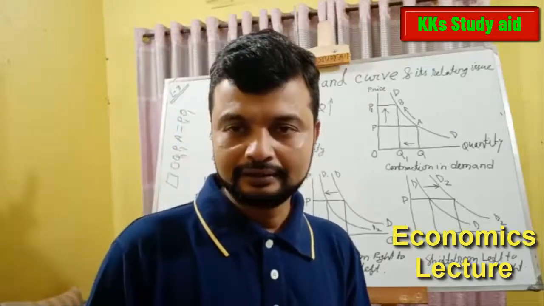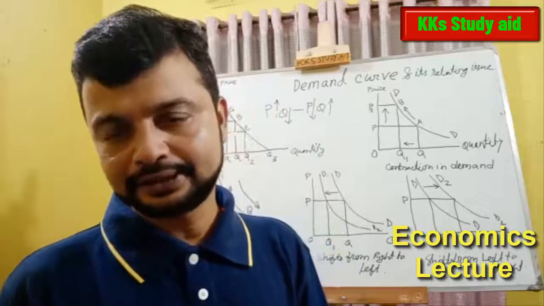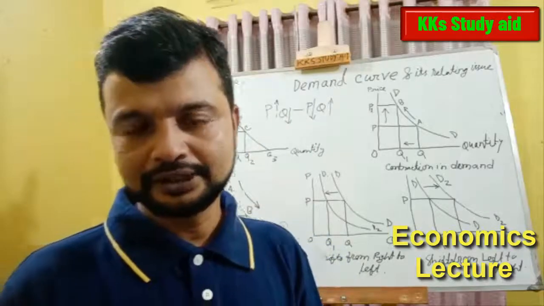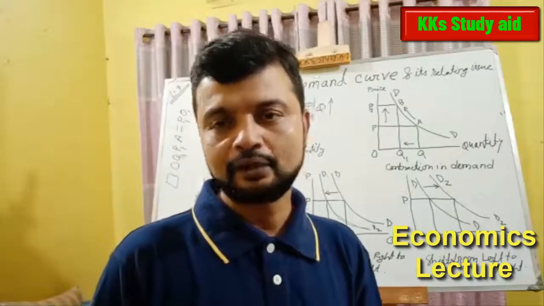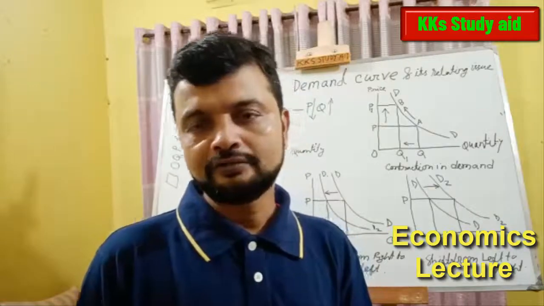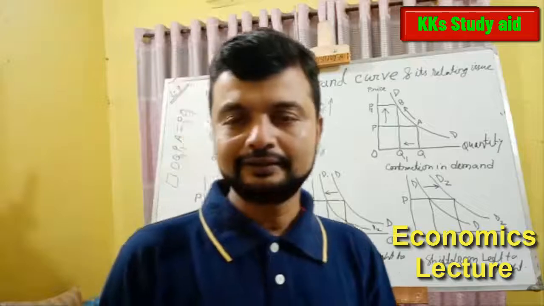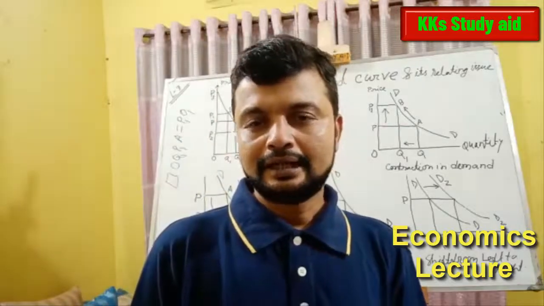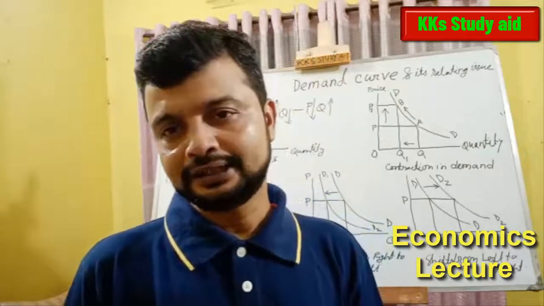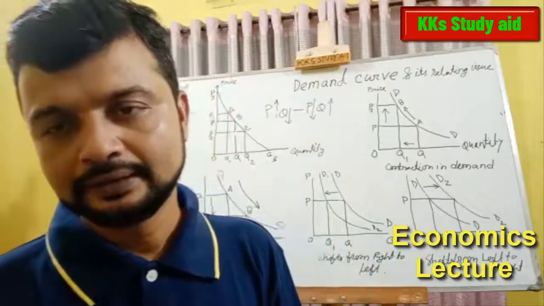But this holds when other things remain unchanged. There is an inverse relation between price and quantity, which the law of demand says. There is a condition here: other things remain unchanged. This is called ceteris paribus.